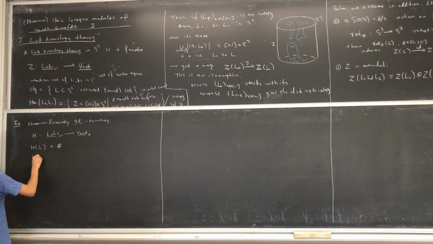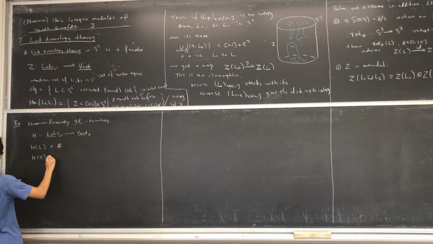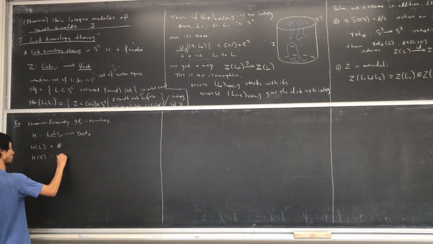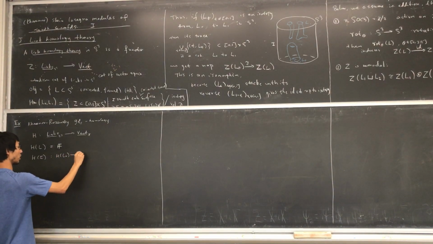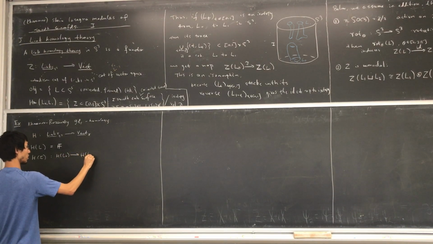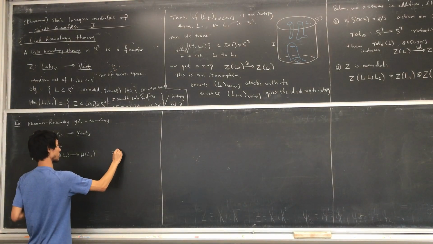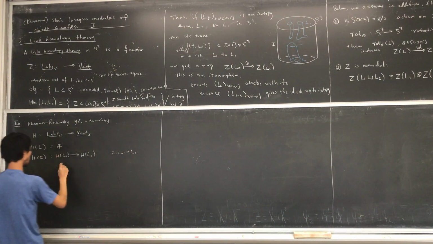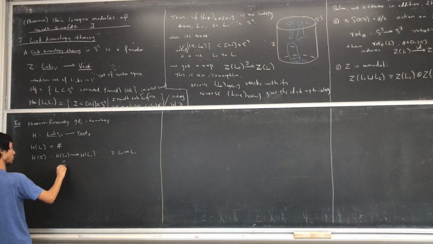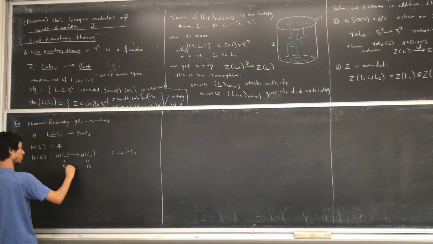And it sends every cobordism sigma, which is a map from H(L0) to H(L1), sigma from L0 to L1, this is simply the identity map.